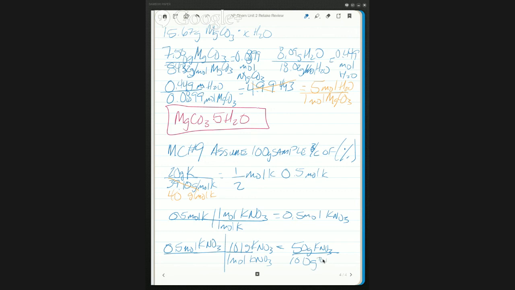So 50 divided by 100 times 100 equals 50%. And as it turns out, 52% is an option. It's B. That's the closest one, and that's the one I'd pick. Answer is B.